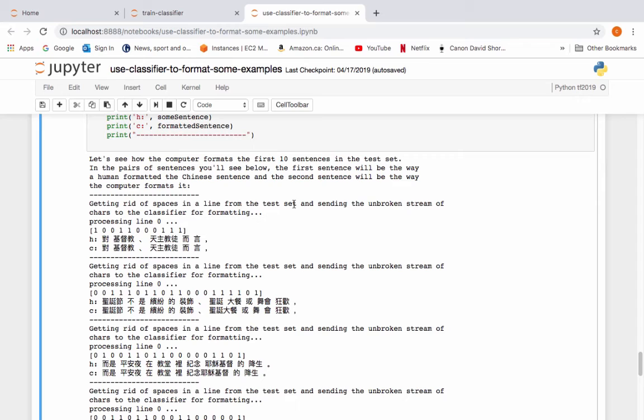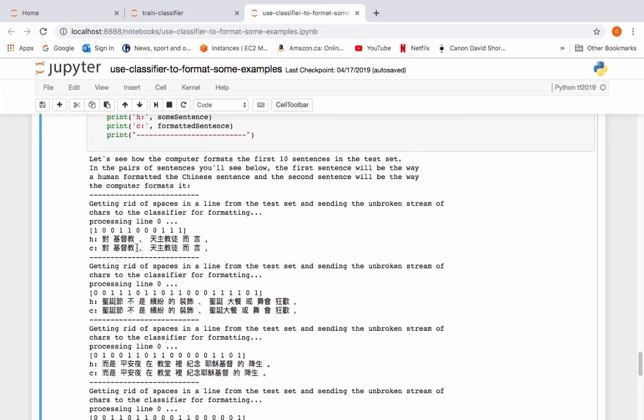In this notebook, I compare how the computer formats some Chinese text with how a human does it. The lines prefaced with an H here mean that this is how humans segmented the text into words, and the lines prefaced with a C, like this one, is how the computer did it. So in this example, the computer got everything right.